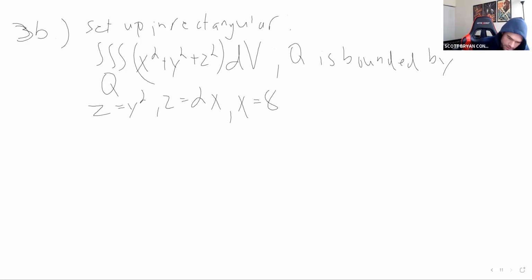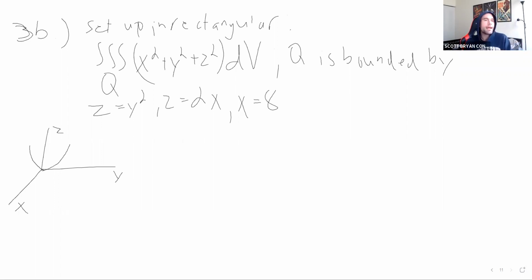Okay, so my artistic ability is somewhat limited here, but I think I can make it work. z equals y squared is a parabolic cylinder. So draw in the YZ plane, z equals y squared.